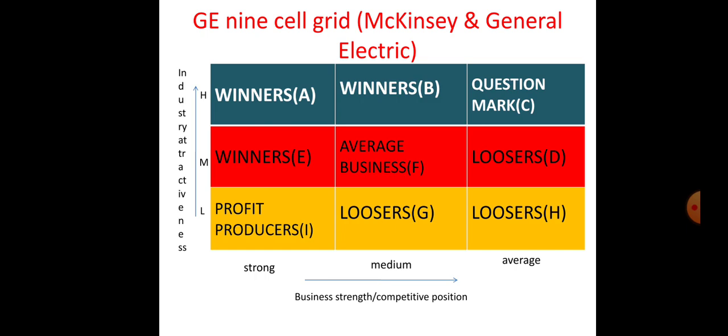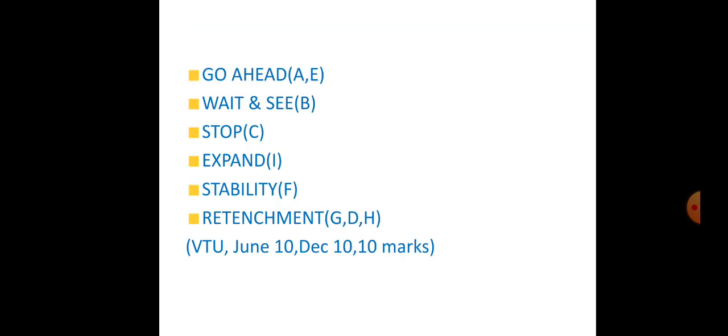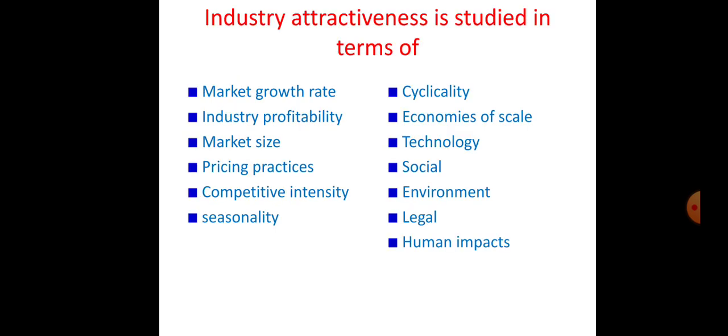The different areas are winners, then average business, indicators, and losers. So which category a company falls under is an indication of its performance with respect to competitive position or industry attractiveness. So this will indicate go ahead, wait and see, stop, expand, stability and retrenchment.